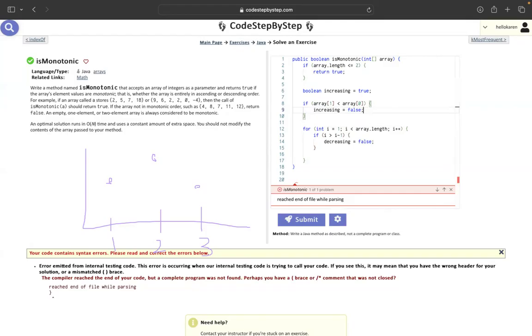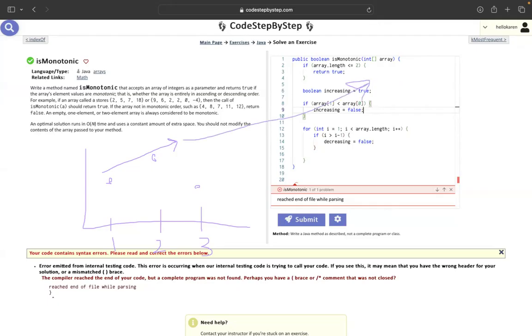So how do we know whether this array follows an increasing or decreasing pattern or whether it does not? Well, we know that it doesn't, because based on the first two numbers, which go ascending, which are increasing, we should be checking for an increasing pattern for the rest of the array.